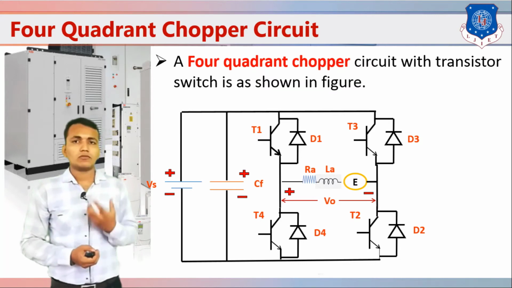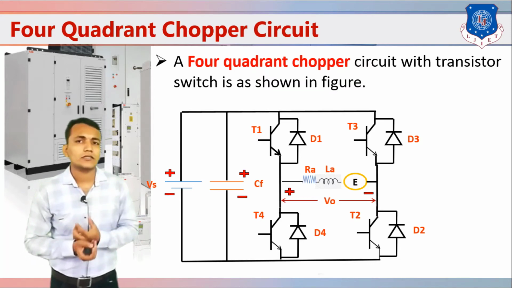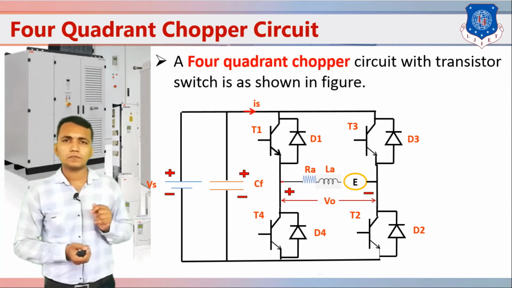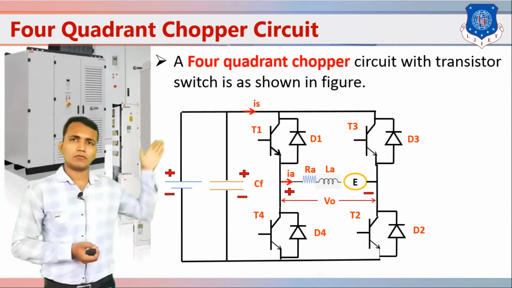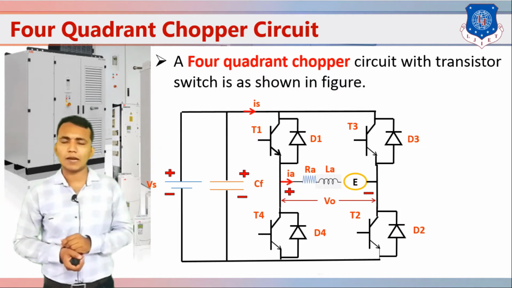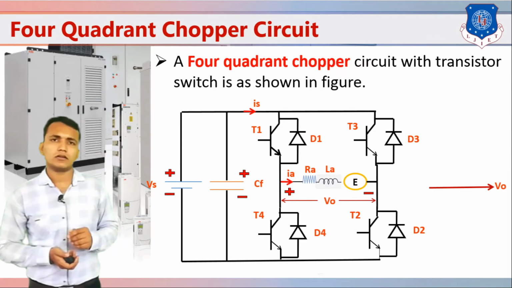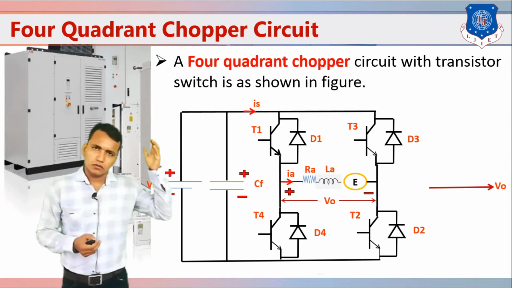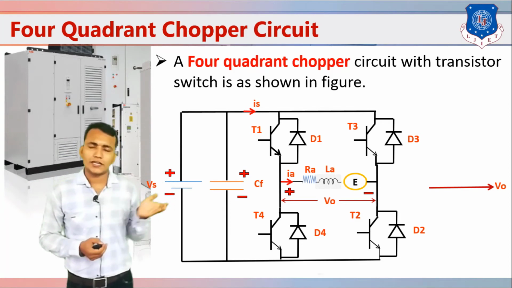Now we have to operate this 4-quadrant chopper circuit in every one of the 4 quadrants. Here we have the supply current, and here IA, that is the armature current. For the 4-quadrant chopper circuit, we have to draw the voltage axis and current axis.